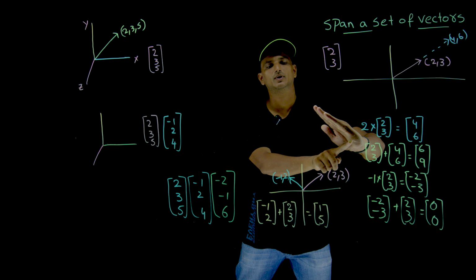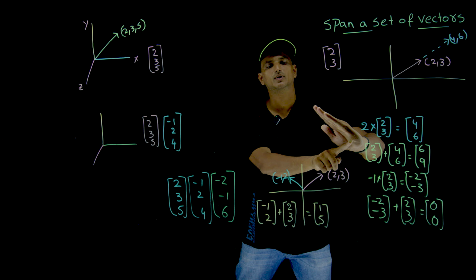Means by applying the basic vector operations. What are those operations? Multiplying with a scalar and adding two vectors. By doing those operations, I am able to span the line that lies in this direction. Check one more point.